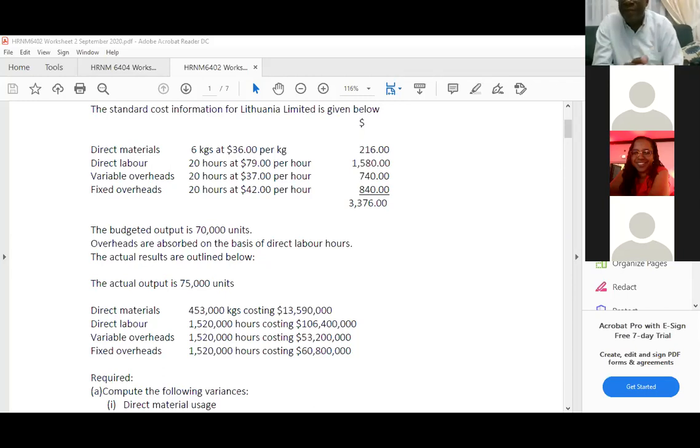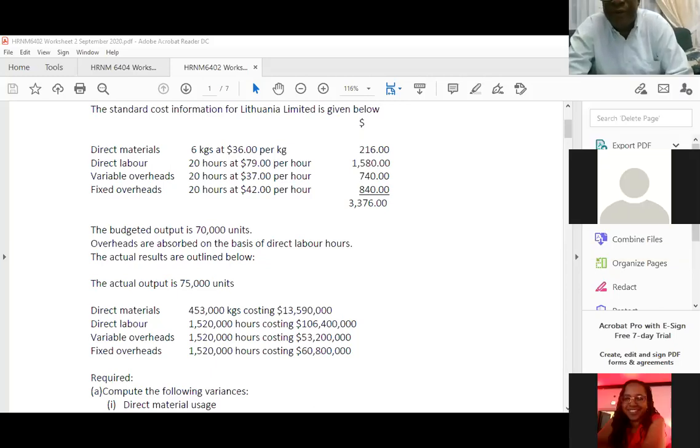To make it generic, Belinda and class, we could have said standard rate per unit of measurement of material. That would have made the formula generic. The materials in this case are measured in kilograms.